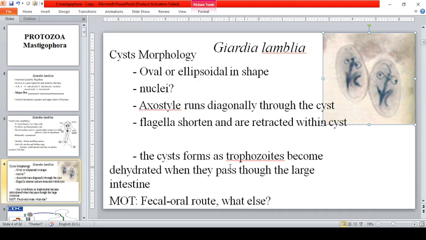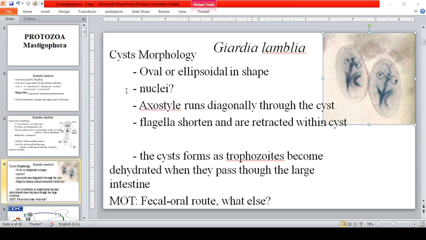Mode of transmission, fecal-oral route transmission. Okay, so what are other modes of transmission for Giardia lamblia, guys? So guys, the Giardia lamblia has a tough outer shell. This tough outer shell allows it to survive for 45 minutes even in chlorinated pools.